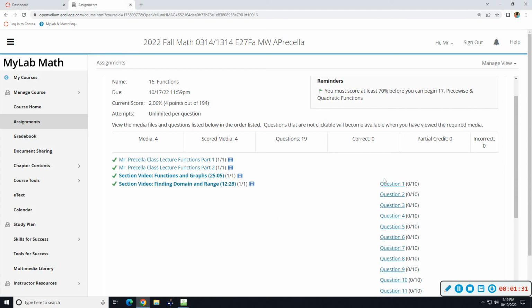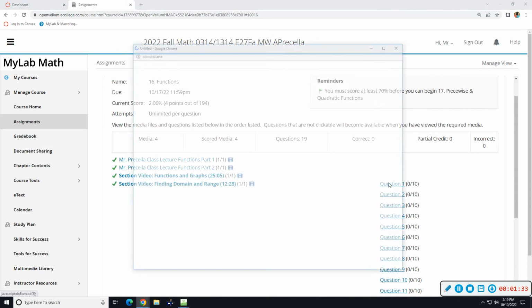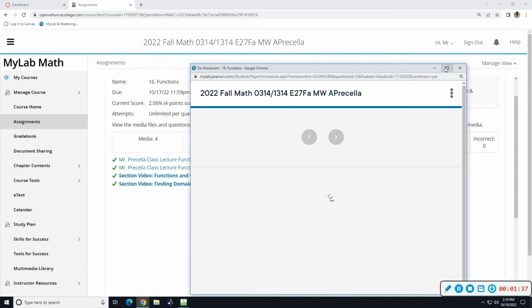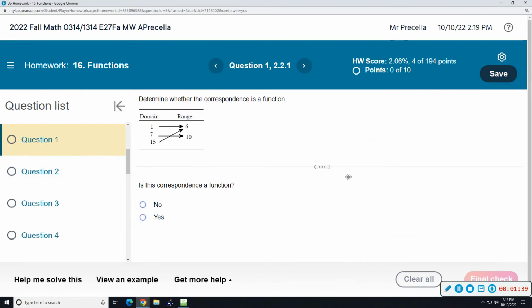On the first problem, this is one of those assignments I'm just going to go straight through. Let me write that down. Notice how it says domain range, so it's telling you what the x values are.